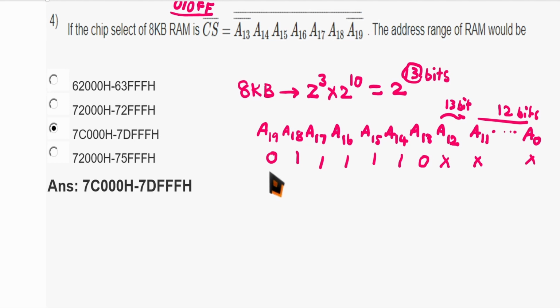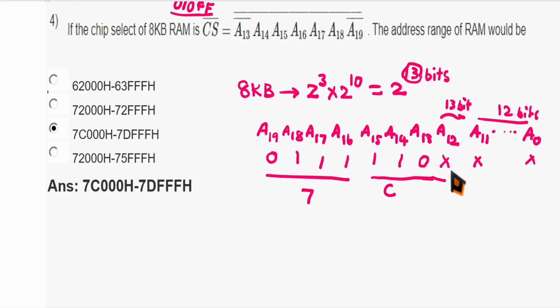Now you group this to form a hexadecimal number. So this 4 will form, this is 7, and this one, A15, A14, A13, and A12. Here 8 plus 4, 12. 12 means it should be C. This may be either 0 or 1.